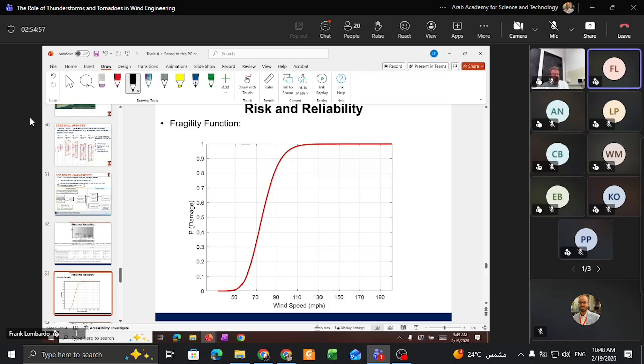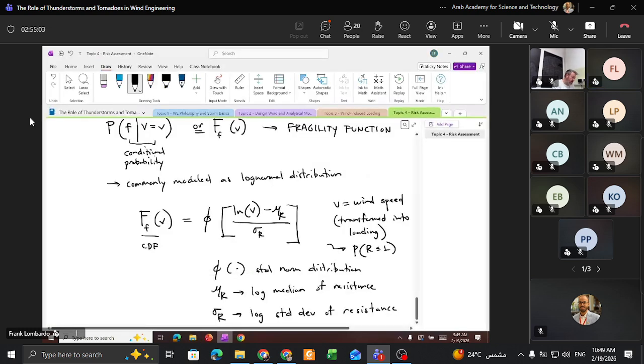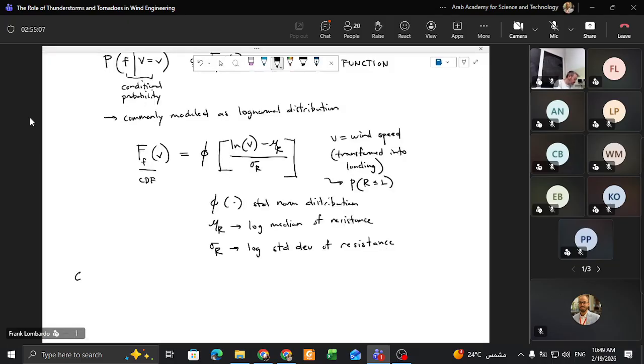Okay, so a question for you guys: let's say I want to find this probability of failure given some wind speed, which is just what we showed on the fragility curve.